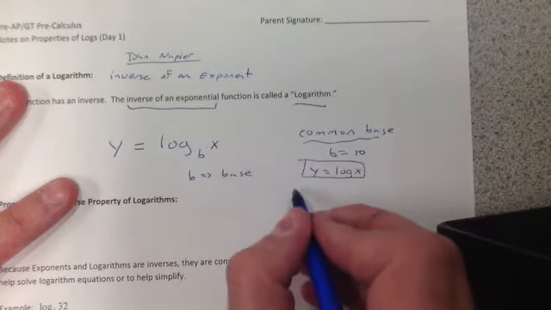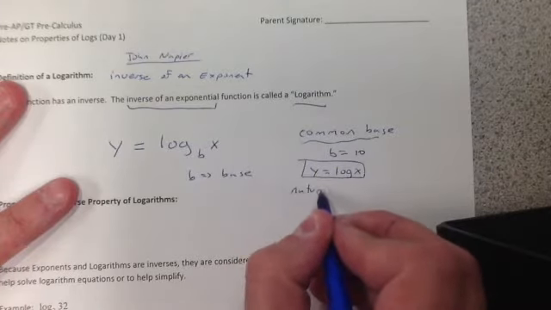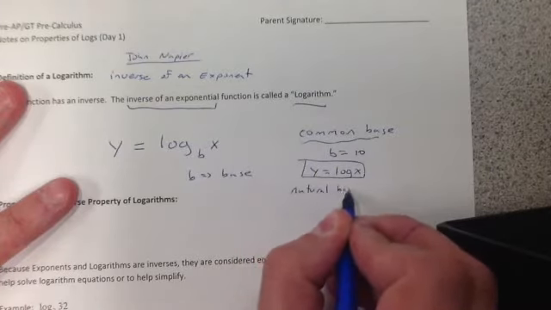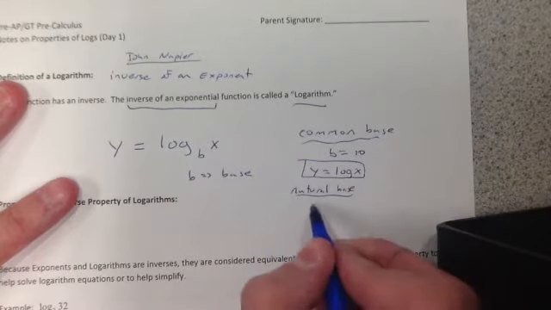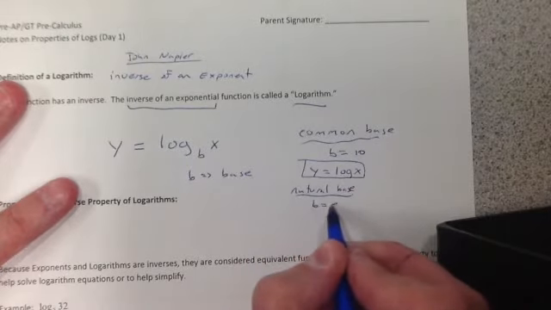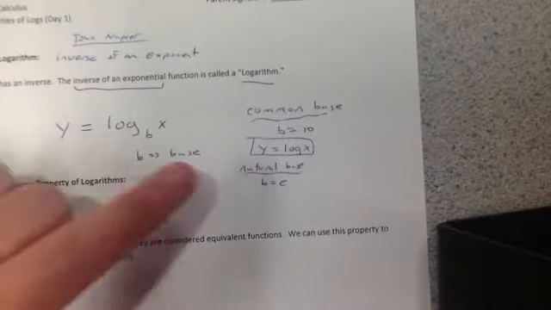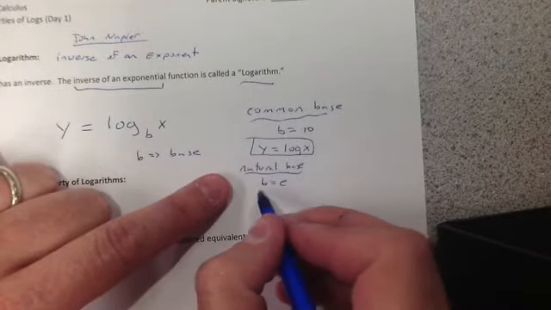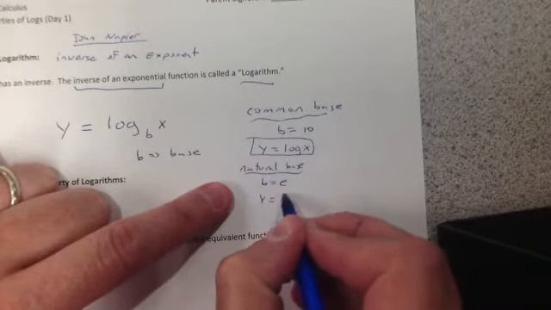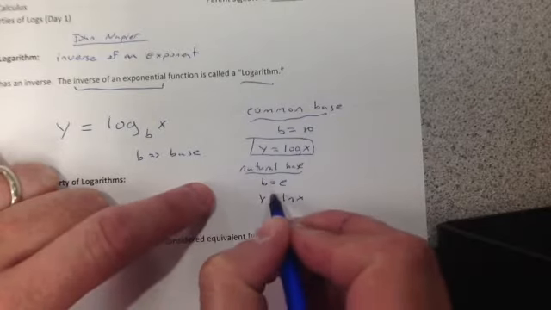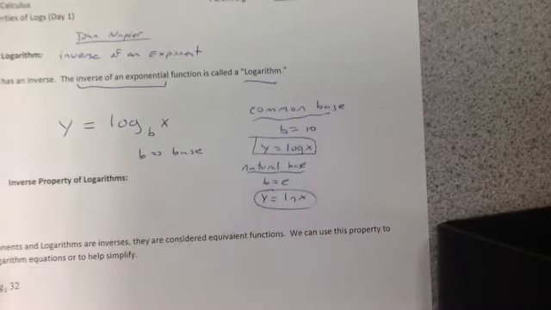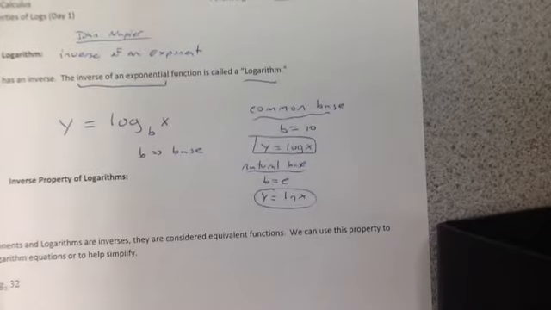We also have the natural base. And again, you may recall that is base e. And we write that very differently. We write this as y equals the natural log of x. And there we have our log equations.